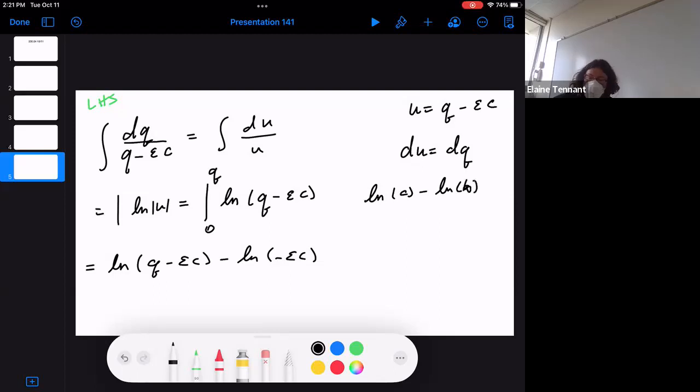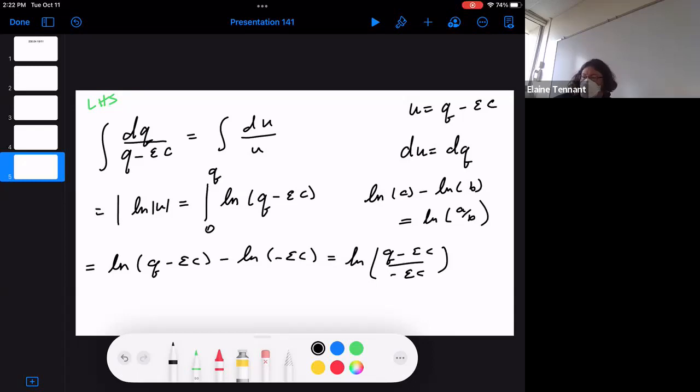And so this is similar to the identity of natural log of A minus the natural log of B. And what is the natural log of A minus the natural log of B? A over B. Okay. So that means that this simplifies to the natural log of Q minus EC over negative EC.